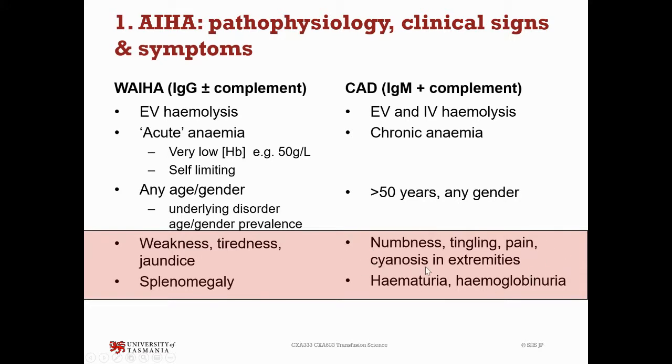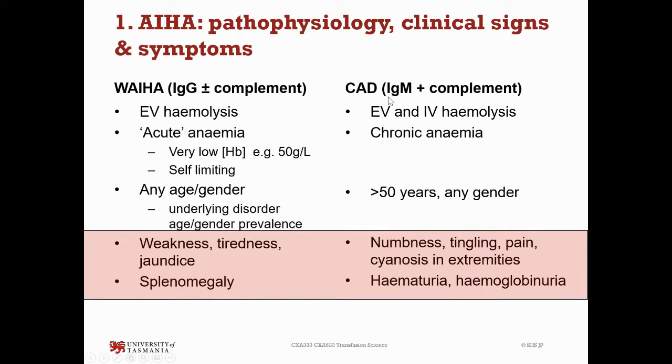So what do you think might be causing that, the numbness and the tingling and the cyanosis? Think about what's happening in the blood vessels. If we're having intravascular hemolysis, IgM being a complete antibody.